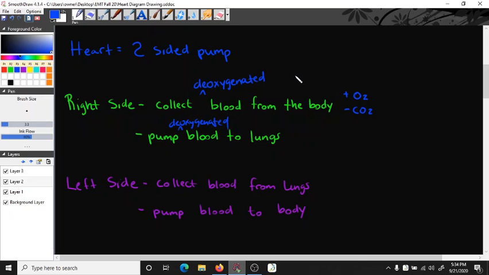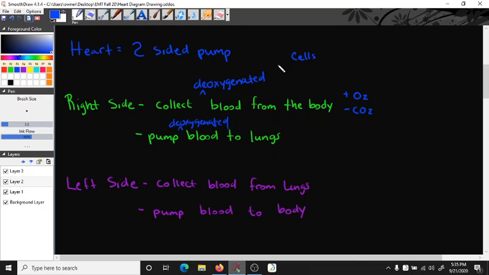Now, why is this blood deoxygenated? Well, it's coming from the cells. When the cells do their metabolism, the cells use oxygen. So the cells deplete the blood of its oxygen, and at the same time, carbon dioxide is the byproduct of cellular metabolism, and it's waste.